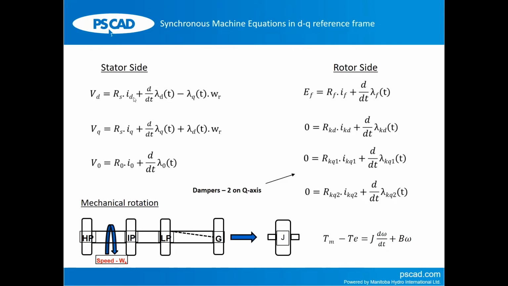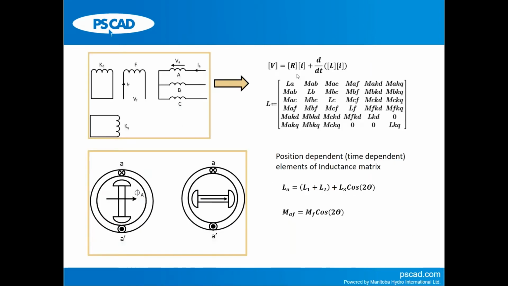So IABC are converted to ID, IQ and I0, VABC converted to VD, VQ and V0, and you will get a number of equations corresponding to the stator windings and the rotor windings. So whether you solve this equation or directly solve this equation, you will get exactly the same answer, to the decimal point.